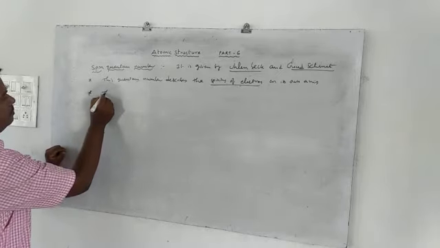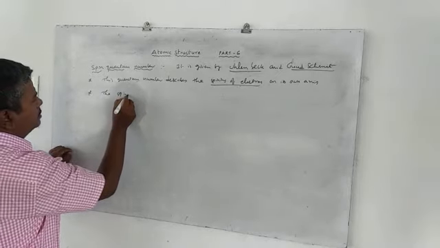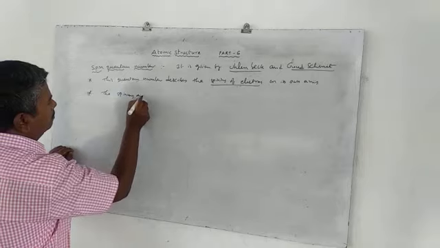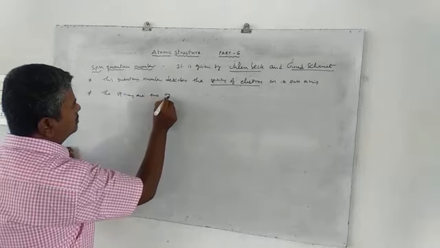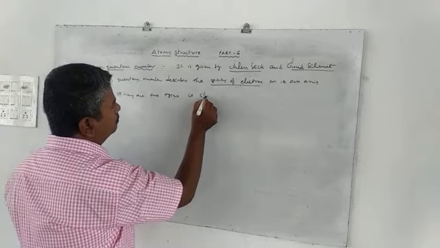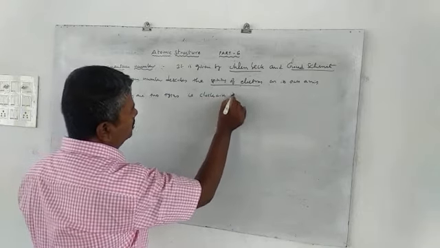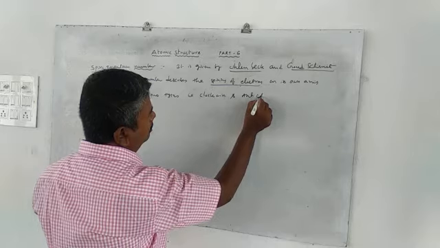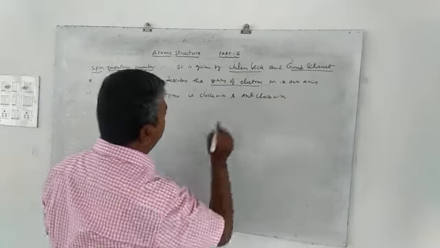So the spinnings are of two types, that is clockwise and anti-clockwise.